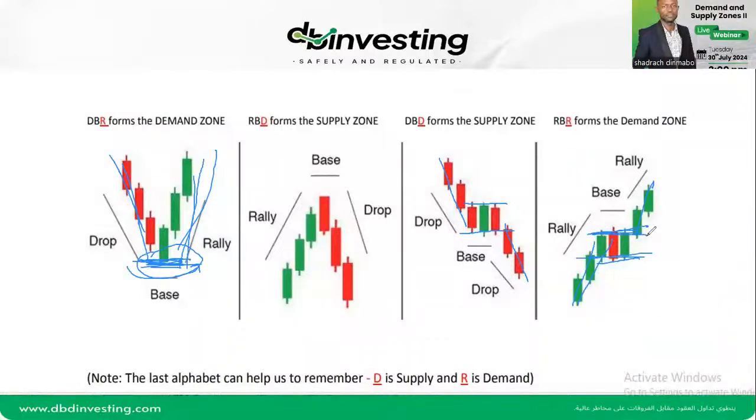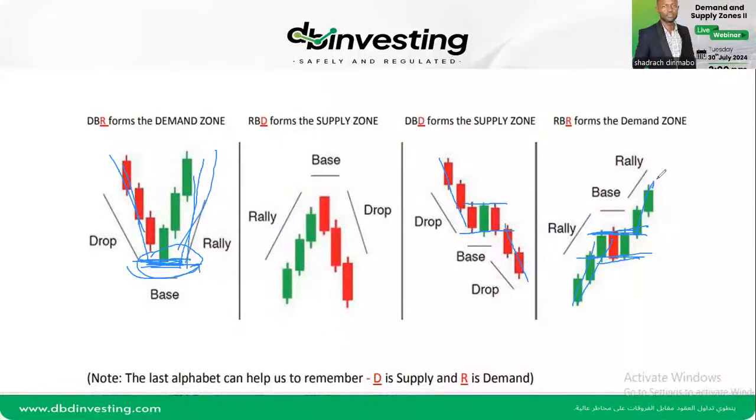Now, if we come to the aspect of supply, it's the same thing. Mind you, for demand zones we have drop base rally and rally base rally. These are the two basic formations for demand zones. One, the drop base rally. Two, the rally base rally.